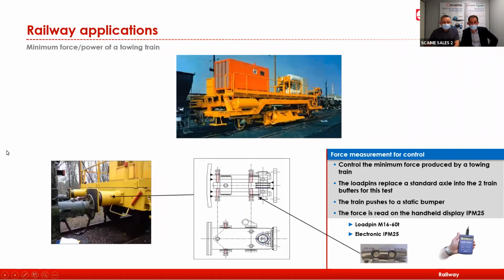Another railway application, this system was implemented into a towing train as a test bench, if I remember correctly. The load pins were implemented in the front part of the towing train to be able to measure and to control the force needed to move the train.